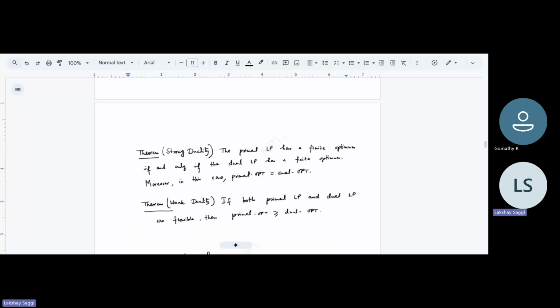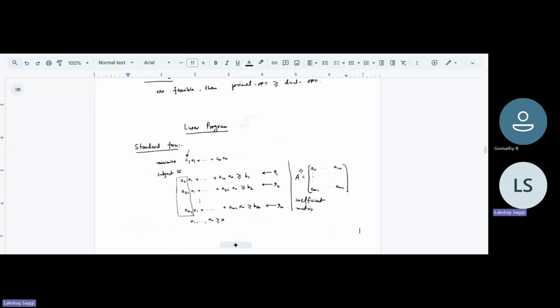I don't think I have anything else to add here. So this is strong duality, and if you just assume primal opt is greater than or equal to dual opt, then this is weak duality. But strong duality is a really nice property which we have for any linear program.